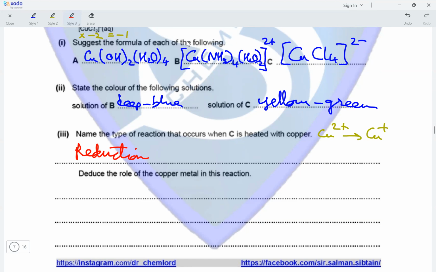So copper metal itself is a reducing agent because it is reducing the Cu2 plus already present. Let's put it down this way. Cu2 plus is converted into Cu plus by copper, which has a charge of 0, which itself goes to Cu plus. That means copper metal is being oxidized and copper ions, which are the reactants, are being reduced. Therefore, the copper added is acting as a reducing agent.